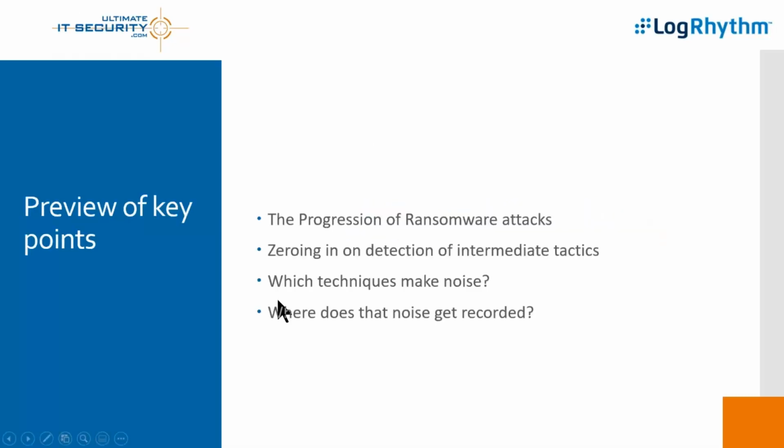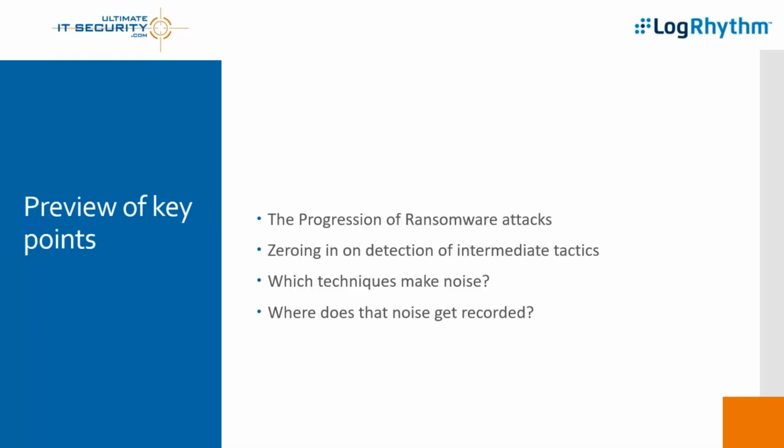So first of all, I just want to discuss the overall typical progression of ransomware attacks through the lens of MITRE ATT&CK. And then we're going to zero in on the intermediate tactics that provide us enough time to disrupt the attack, to respond, but also make enough noise that we can hope to detect it.